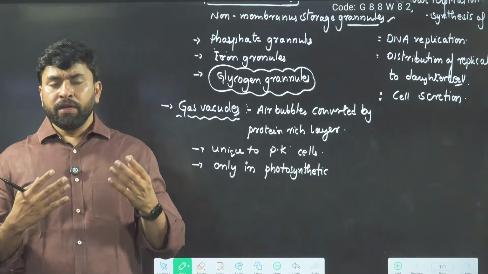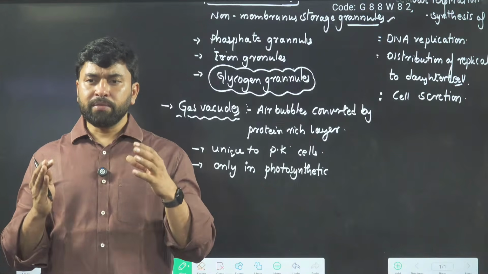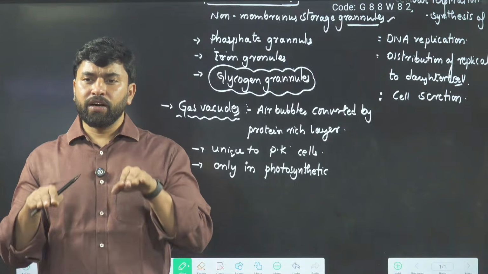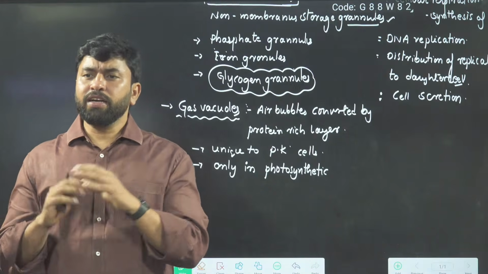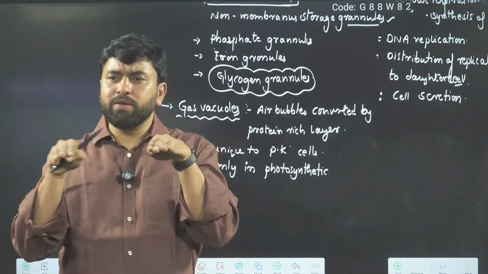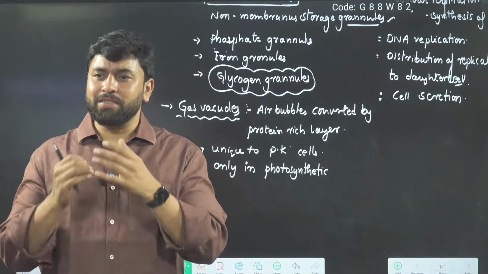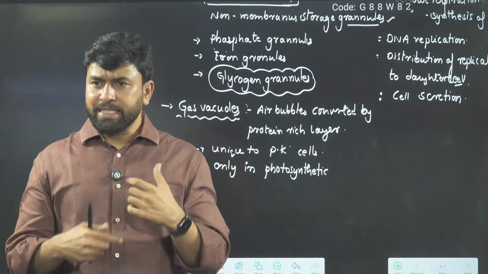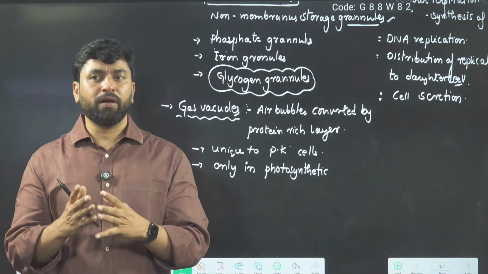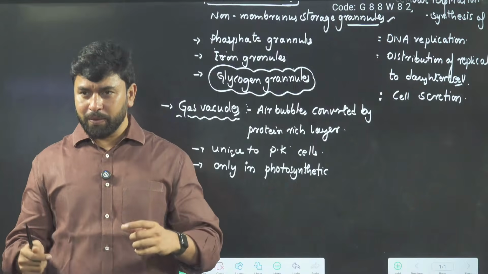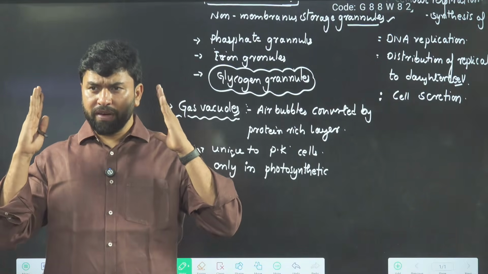Simple. In order to be constantly exposed to the sunlight, some bacteria stay on the surface of the water in an aquatic environment. They should not be submerged. In order to protect themselves from submerging, these bacteria have developed a special adaptation called gas vacuole. They have a bubble which will have a lot of air inside.